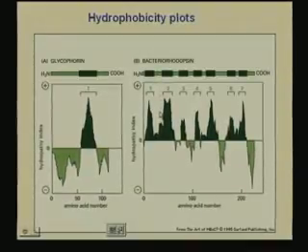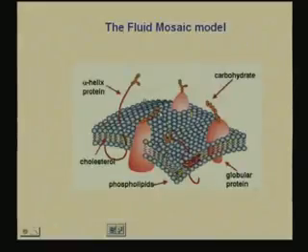Now, if we go back to the fluid mosaic model, we have our polar head groups. The polar head groups have the specific fatty acid chains, and the globular proteins are going to have transmembrane helices.